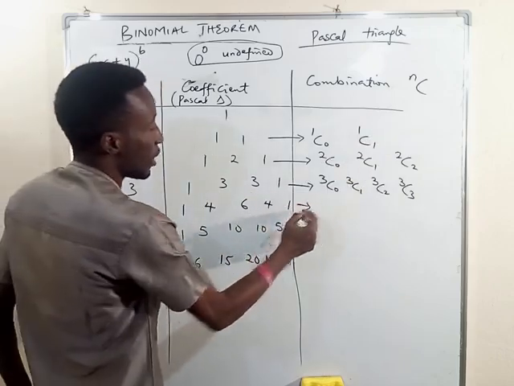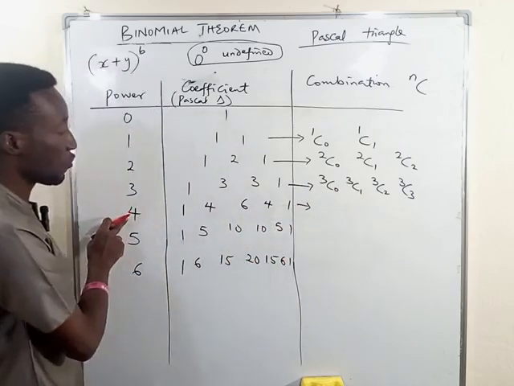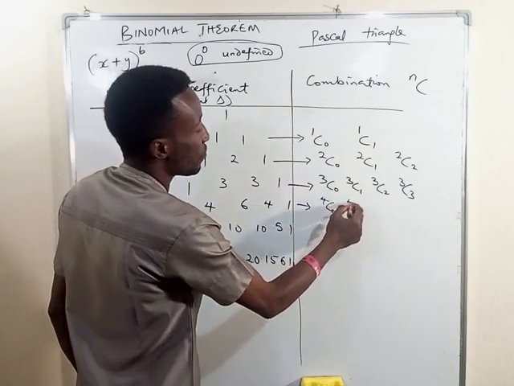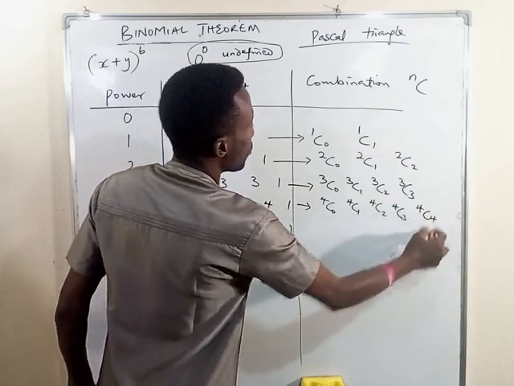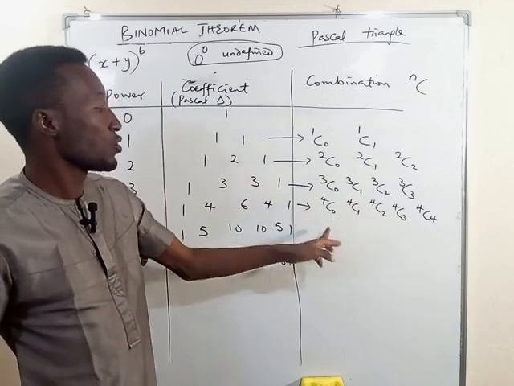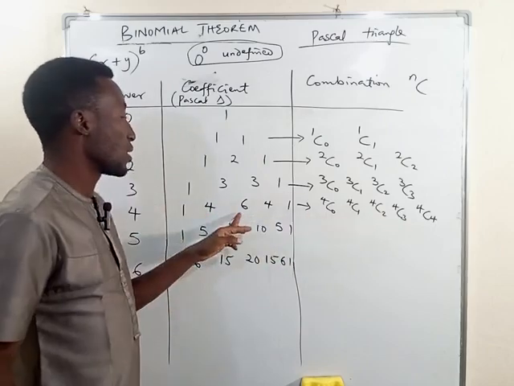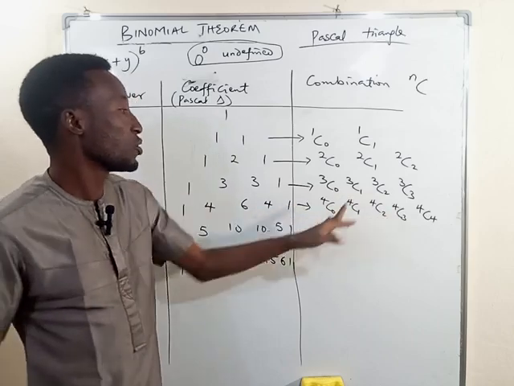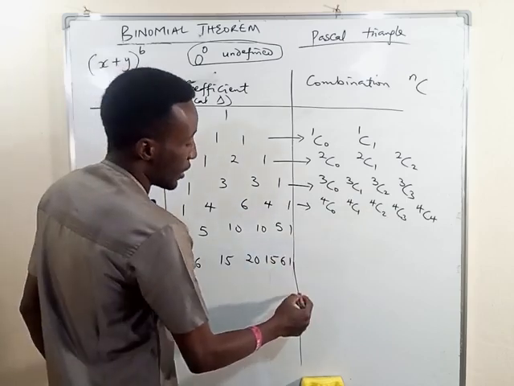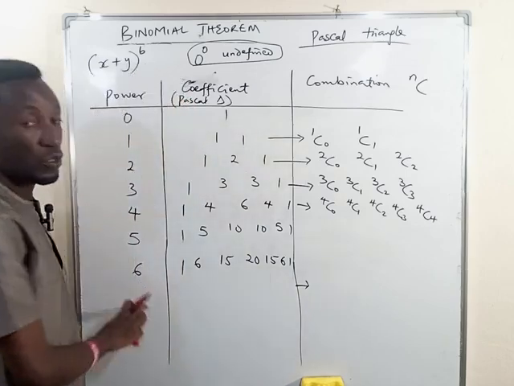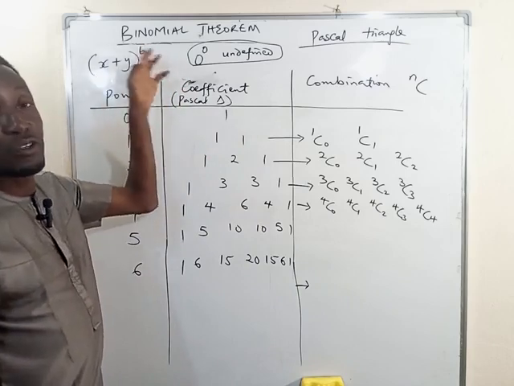So how do you get the coefficient if you don't have the time to form this triangle? You have the power there is what? 4. So you have 4 combination 0, 4 combination 1, 4 combination 2, 4 combination 3, 4 combination 4. With your calculator, 4 combination 0, you get 1, 4 combination 1, you get 4, 4 combination 2, you get 6, 4 combination 3, you get 4, and 4 combination 4, you get 1. So even if you are given, let's say, to the power 100, we are expanding this bracket to power 100.